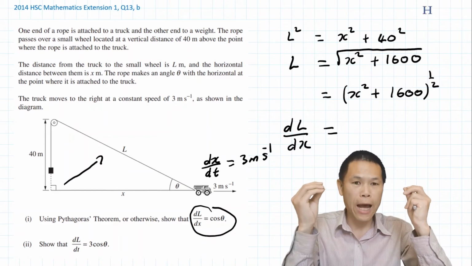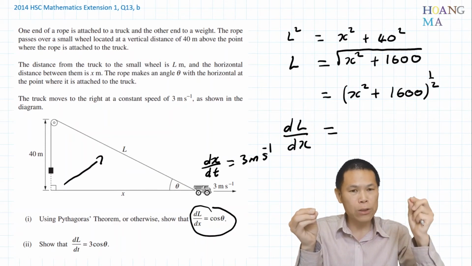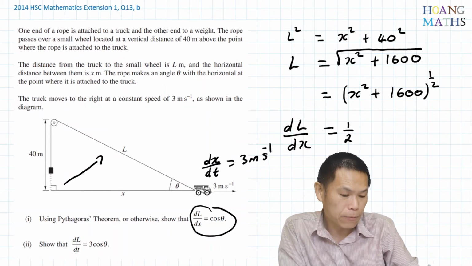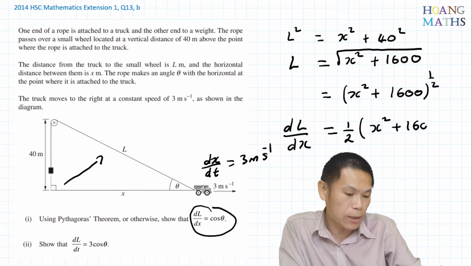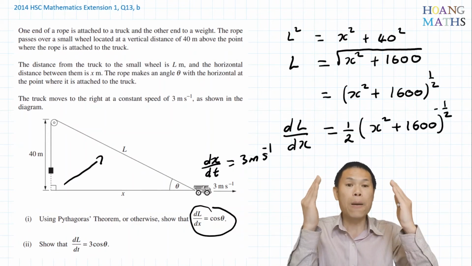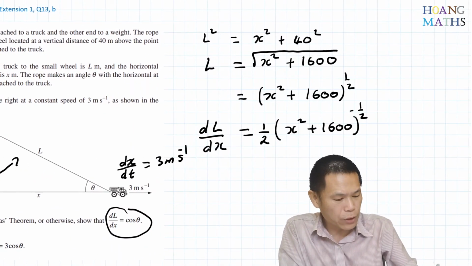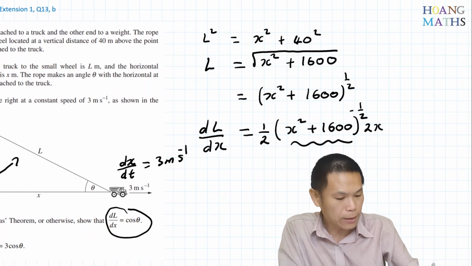So the power is a half, we bring it down, and minus 1 becomes negative a half. So that will give me a half times (x squared plus 1600) to the power of negative a half, and then we differentiate the angle. So differentiating the angle is 2x.